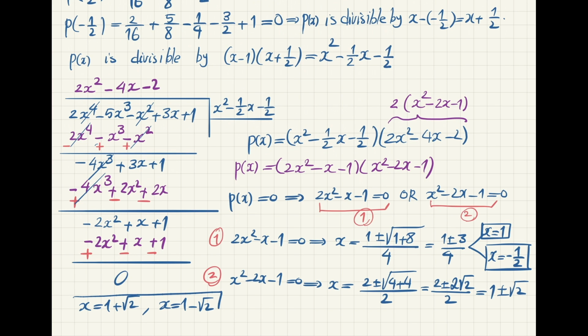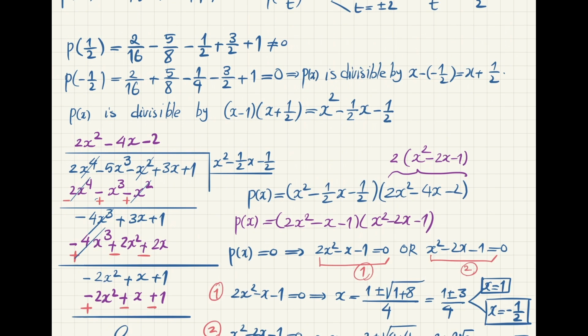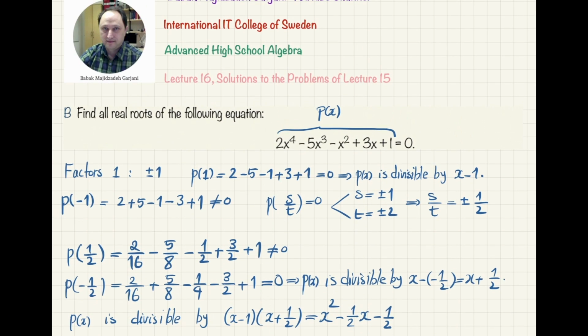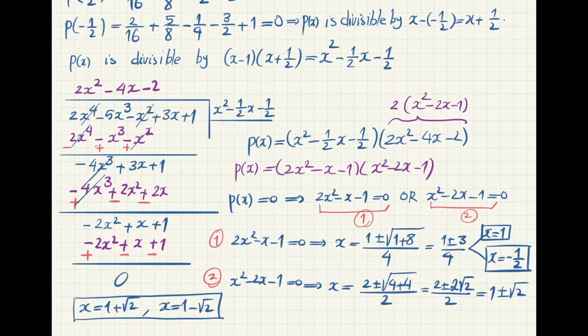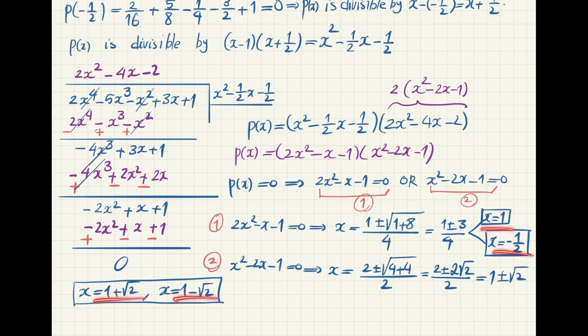So in total, this equation has 4 real roots. All of them are possible, yes, because we are supposed to solve the equation over the set of real numbers. And all these numbers that we get here, here, here, and here, all of them are real numbers. So this equation is solved.